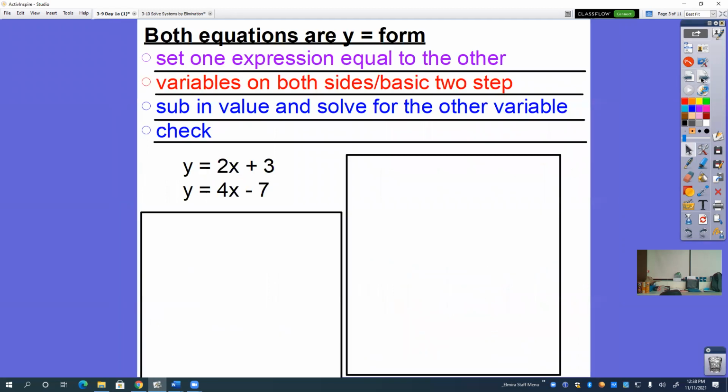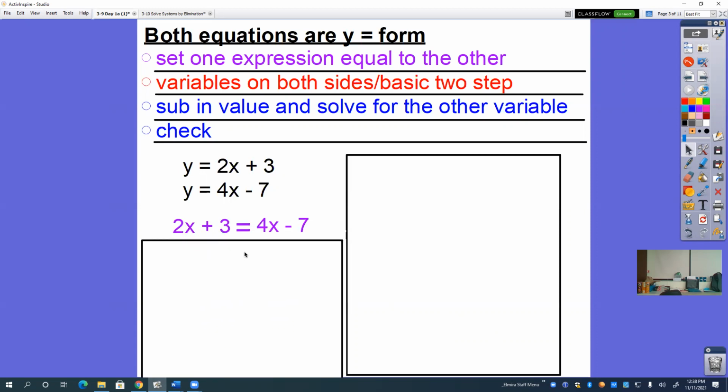All right. So both equations are in y equals form. So step one would be to set one expression equal to the other one. Then you want to solve variables on both sides, and then do a basic two-step equation. And then, of course, check your work.